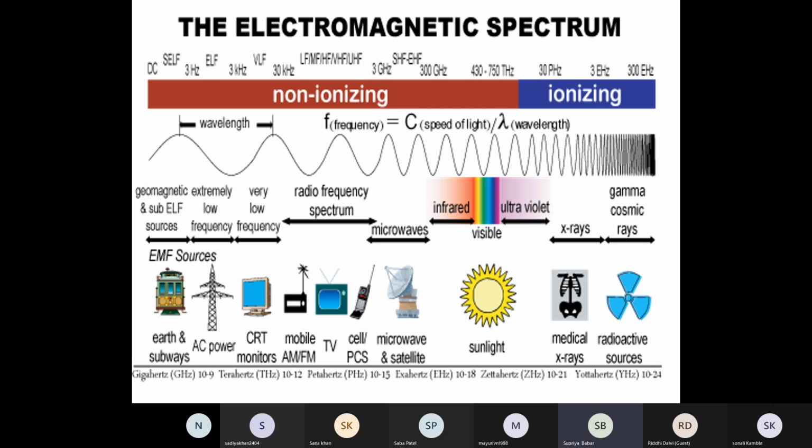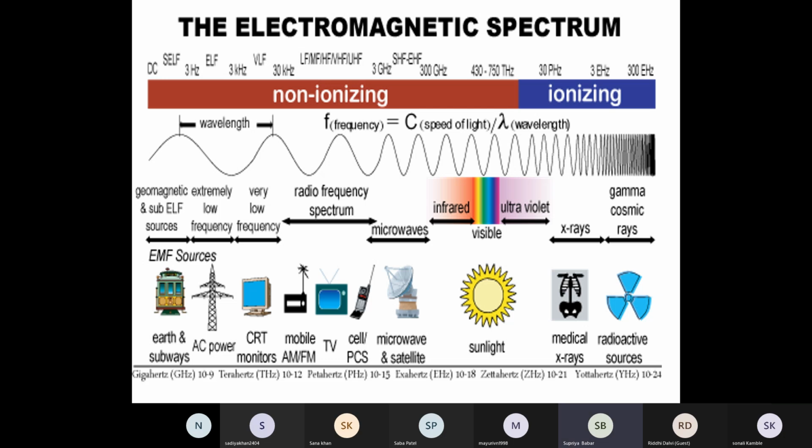That frequency region is the radio frequency. We can hear FM because of radio frequency. Then there is very low frequency, CRT monitors. Then extremely low frequency, AC power.